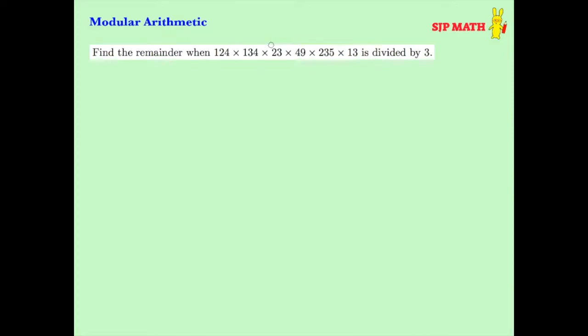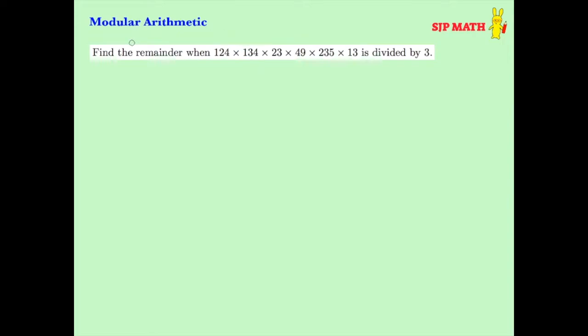So you can just go on and solve this product, which will be pretty tiresome and frustrating. But again, you can use this beauty to actually find the answer to this problem pretty easily. So I recommend you to pause this video and try out this problem yourself using modular arithmetic.